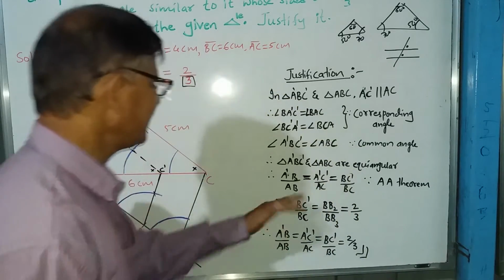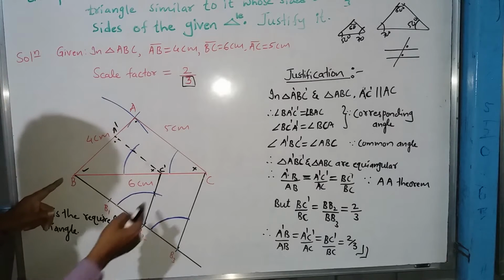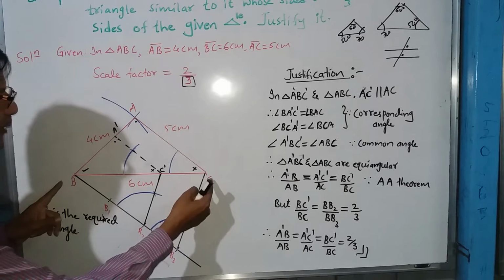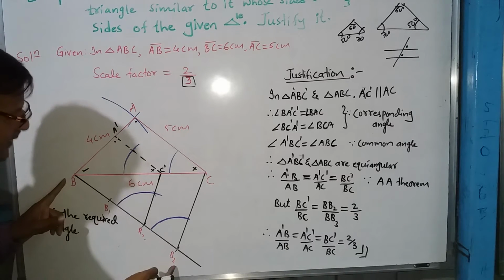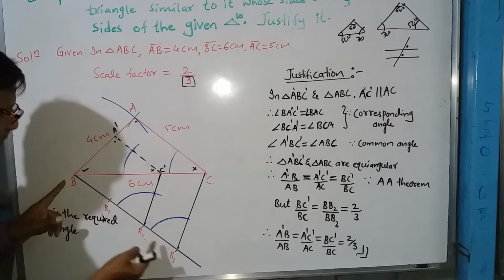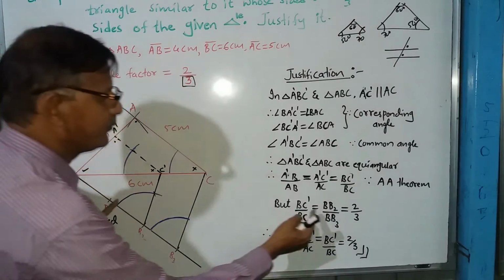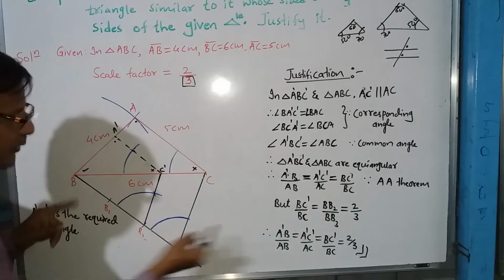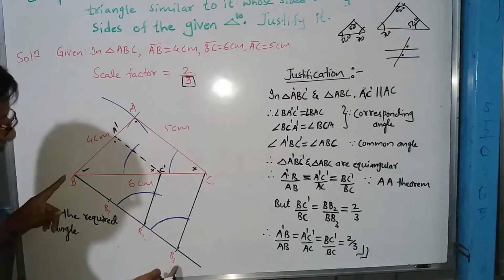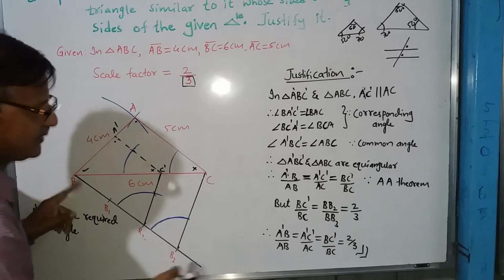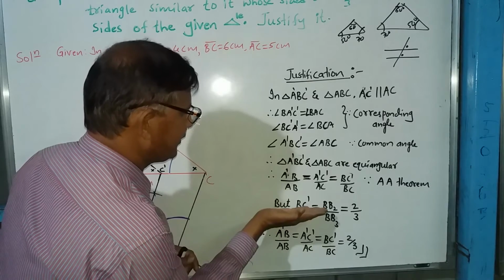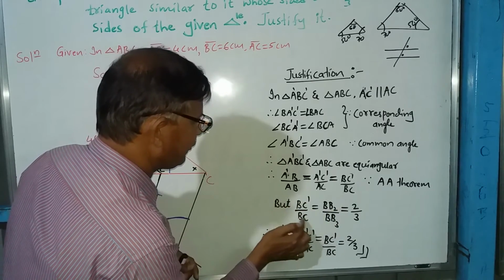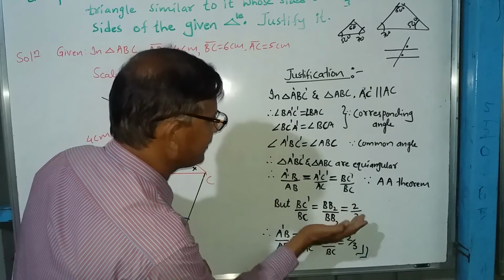Now, next step, we know BC' upon BC is also equal to what? BB2 upon BB3. So here, BB2, how much is it? 2 units. So I have written here 2. BB3, how much is it? 3 units. So substitute this value: BC' upon BC is also equal to this, and its value is 2/3.